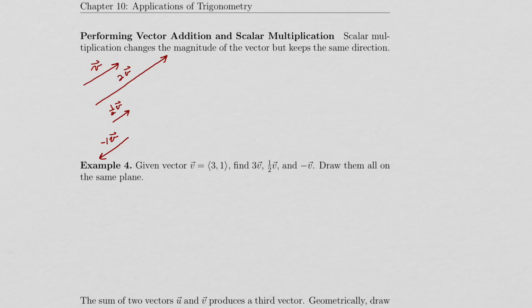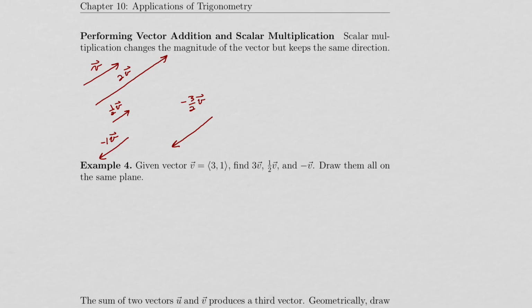Let's say I have -3 halves V. What does that look like? Well, negative is going to flip it around, and then if I multiply V by 3 halves, it means it's 1.5 times as long. So it's going to point in the opposite direction and be like 1.5 times as long. So something like that. That would be like -3 halves V.